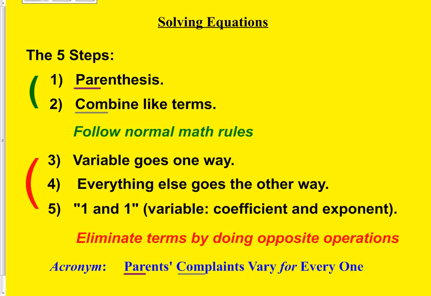Step 3, I think you get the hint here, parents' complaints vary, variables. And the 4 doesn't really have anything in there, but every deals with everything else. And then 1 on the end deals with the 1 and 1. Parents' complaints vary for everyone. If you can remember that, then maybe that can help to remind you: parentheses, combine like terms, variable goes one way, everything else the other way, and your 1 and 1.